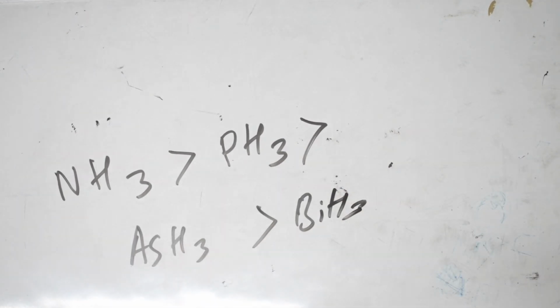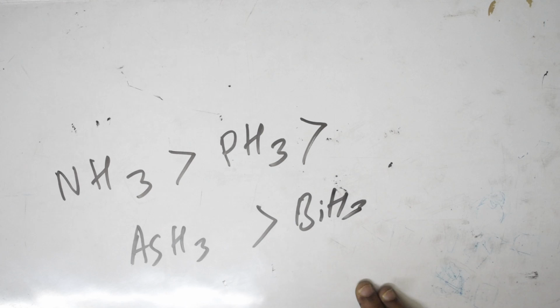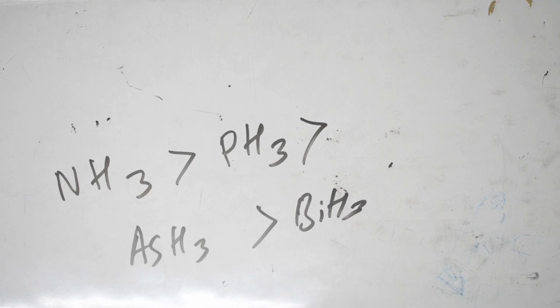That's all, because electronegativity difference decreases. When electronegativity difference decreases, automatically the bond angle decreases. Simple as that. When you remember the bond angle concept, it is easy to understand. So as we move down the group, electronegativity decreases, bond angle decreases.